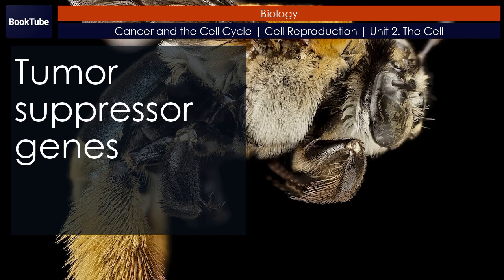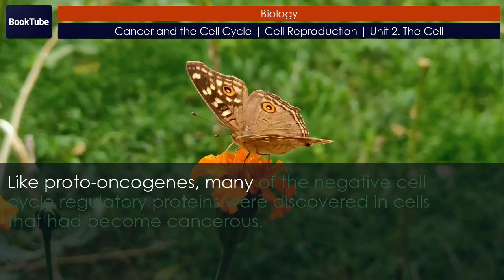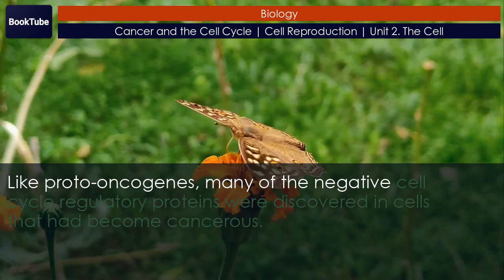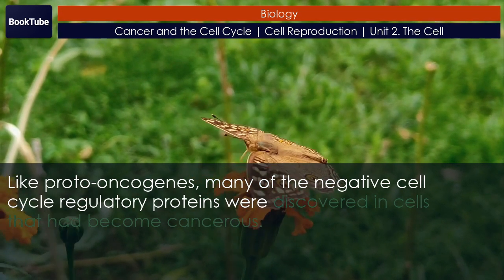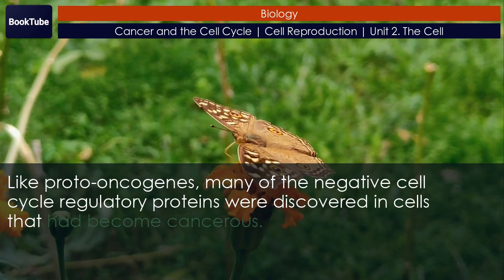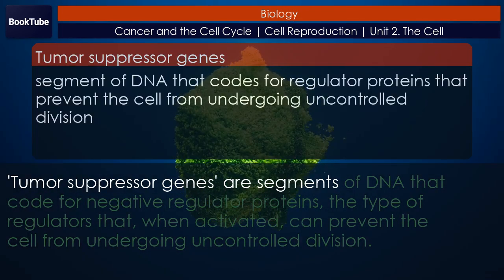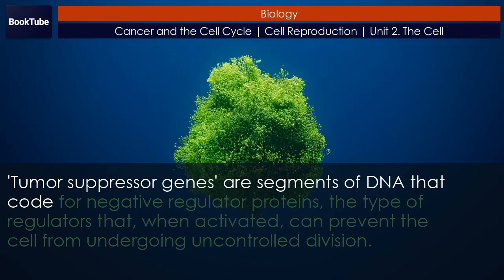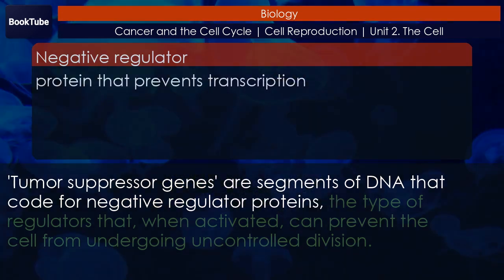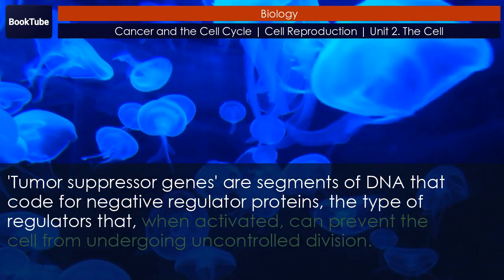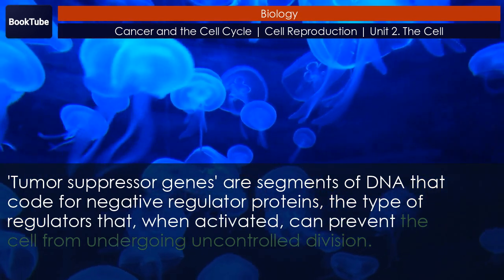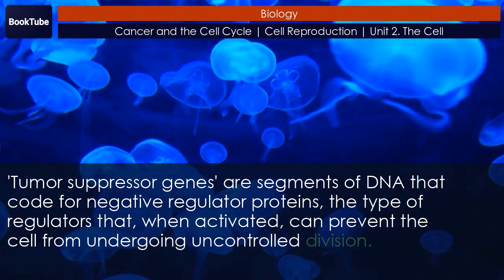Tumor suppressor genes. Like proto-oncogenes, many of the negative cell cycle regulatory proteins were discovered in cells that had become cancerous. Tumor suppressor genes are segments of DNA that code for negative regulator proteins, the type of regulators that, when activated, can prevent the cell from undergoing uncontrolled division.